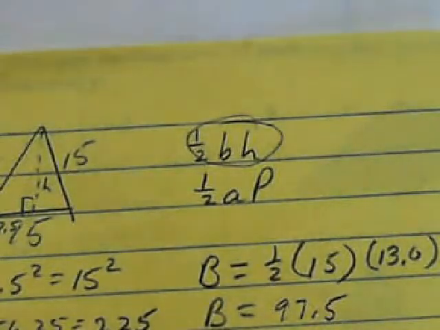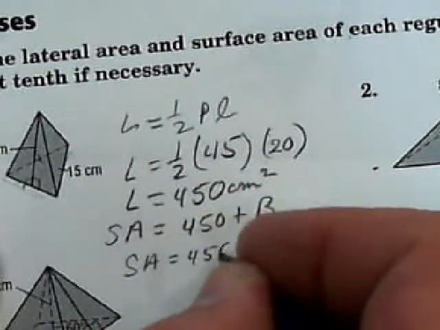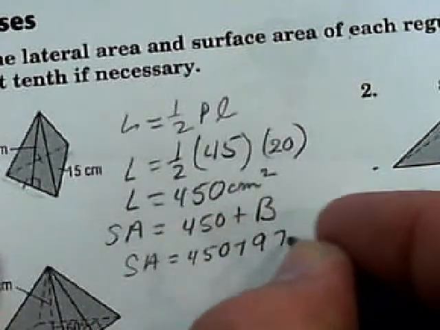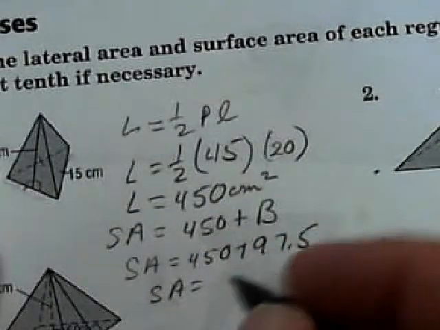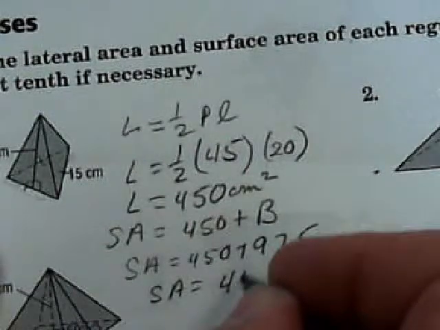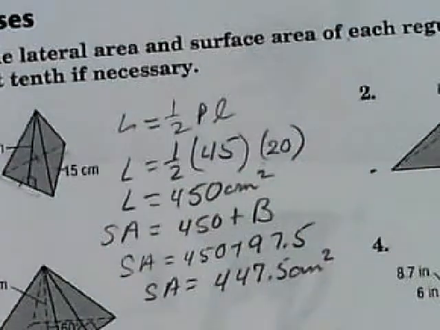Add that to 450. So the surface area is 450 plus 97.5, 547.5 centimeters squared, right? Yep.